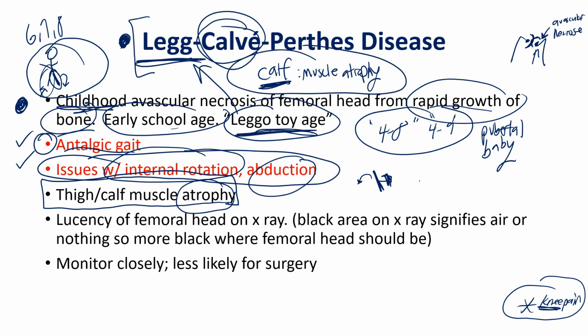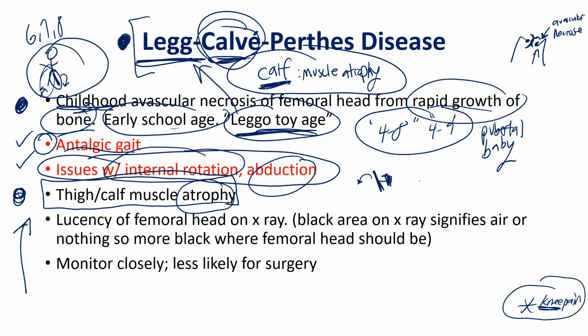You can, but predominantly it's going to present in this one. So when I see Legg-Calvé, that helps me remember we can have thigh and calf muscle atrophy in this particular disease, and that should be a really good defining characteristic to think that the patient has this disease instead of slipped capital femoral epiphysis. That's the first defining point.